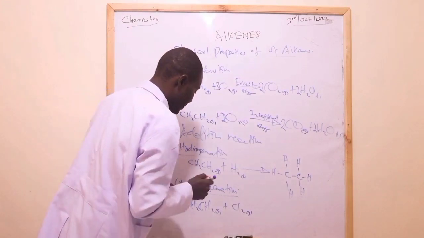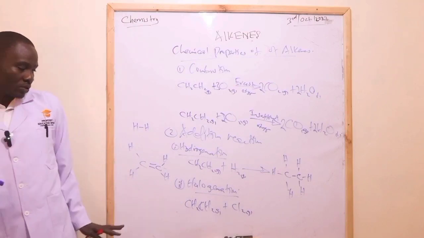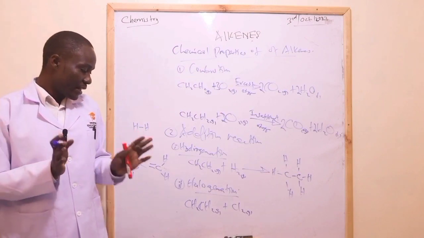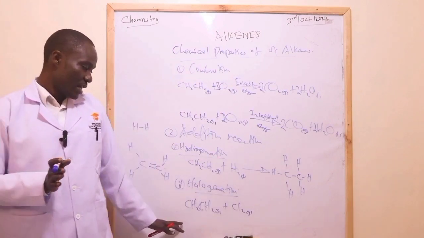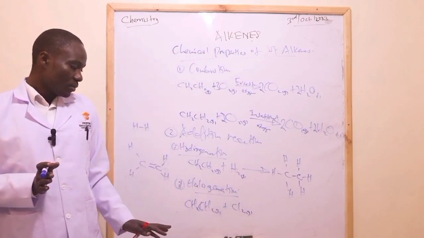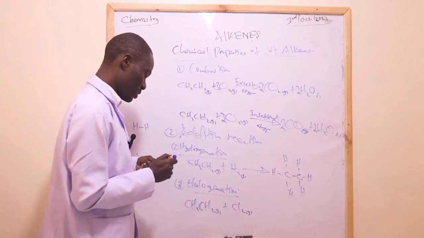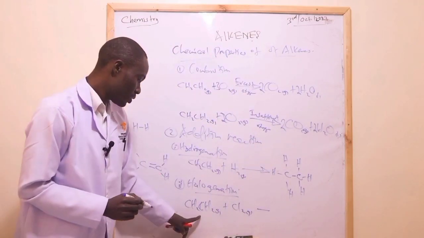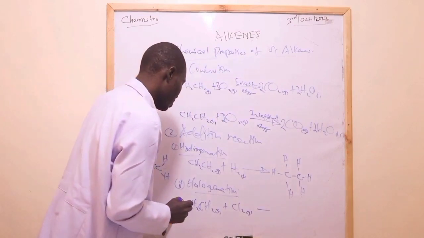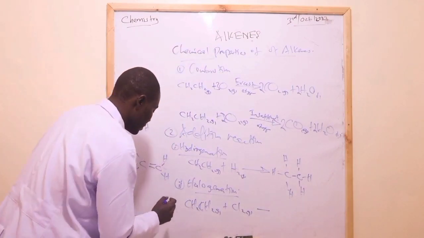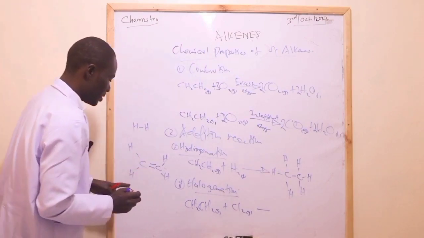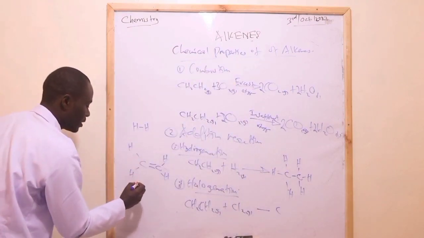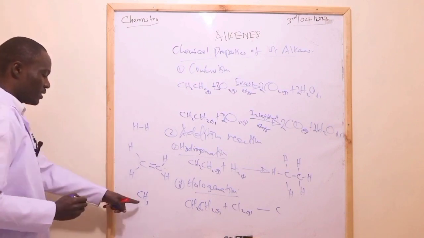So in this case, the double bond in the ethene will be broken so as to give the free electrons that will accommodate the 2 atoms of chlorine in this case. So the double bond will be broken in this case, so that we have CH3.